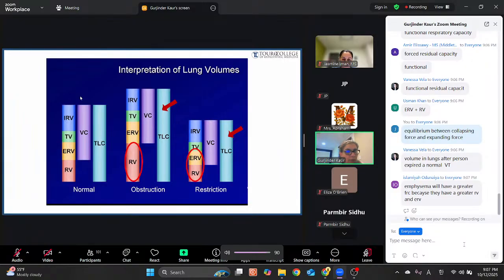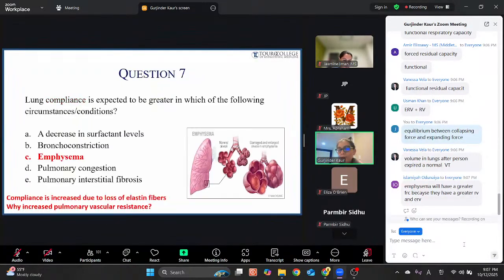Okay, somebody is answering already. Emphysema will have greater FRC, very nice. And restrictive disease will have lower FRC because their compliance is not as good, right? Is everyone clear about this part?